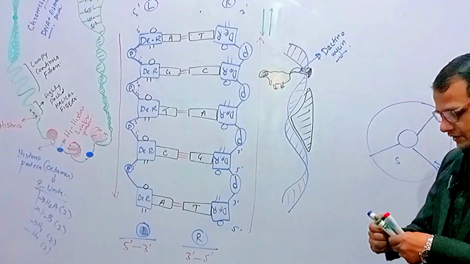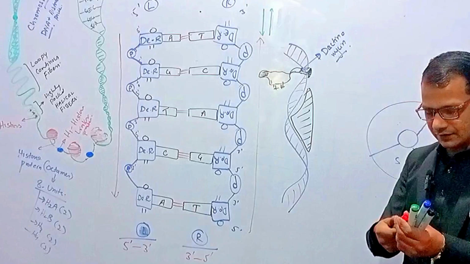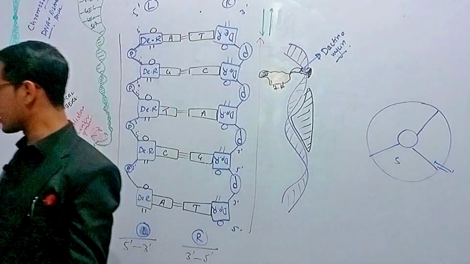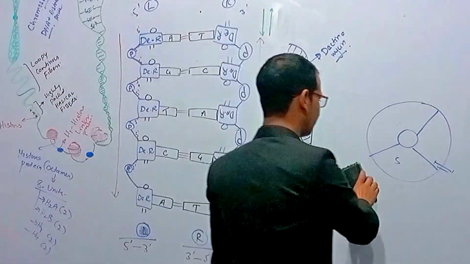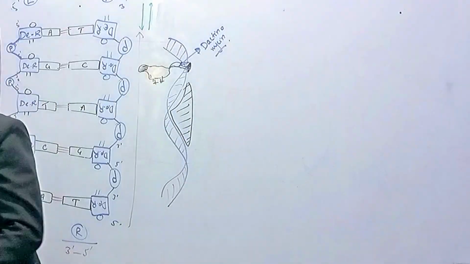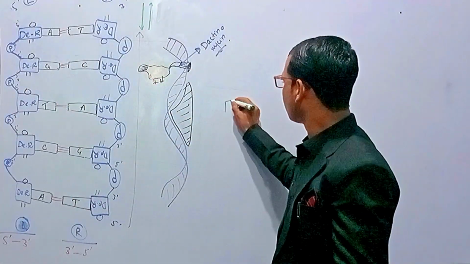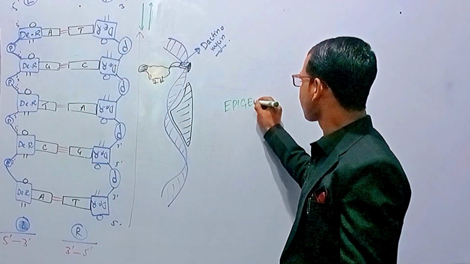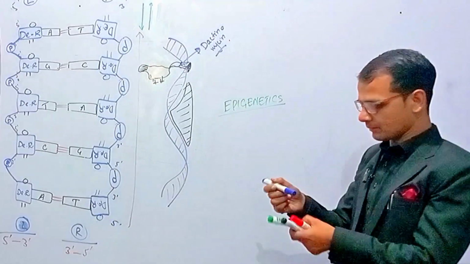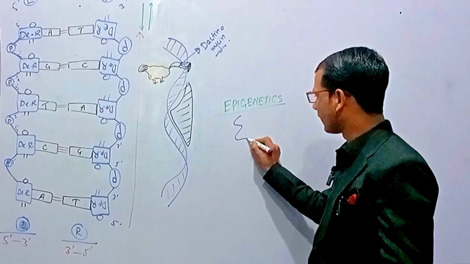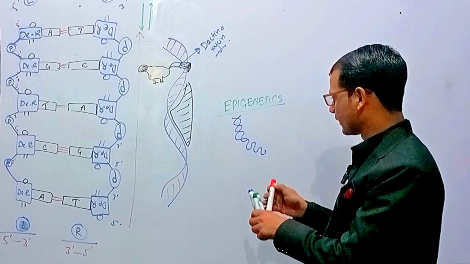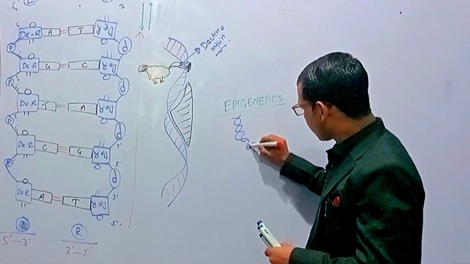The next thing, by acetylation reactions, we have one subject, which is genetics, and one other subject which is called epigenetics. For example, I have DNA here, and this DNA is coiled around histone proteins.